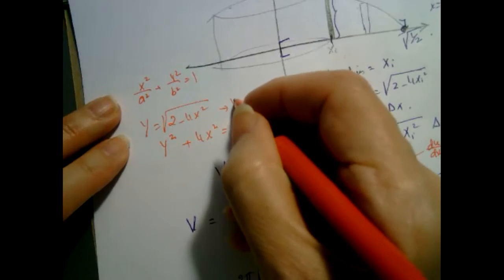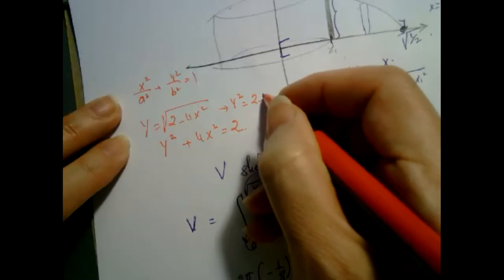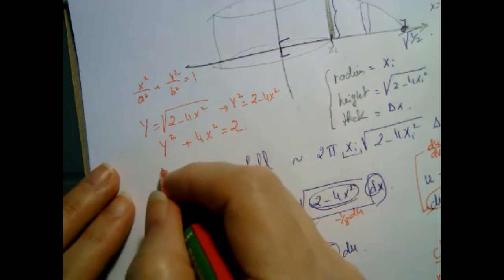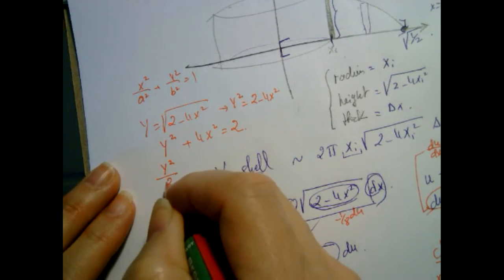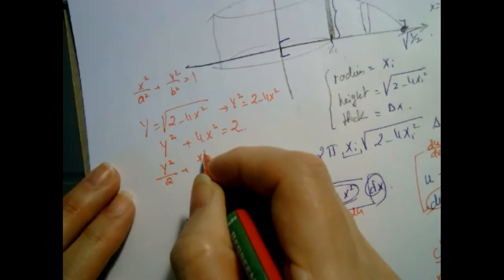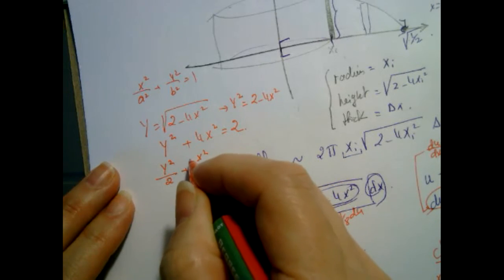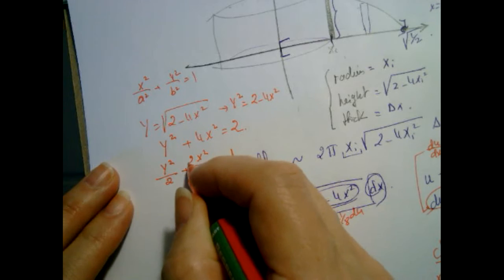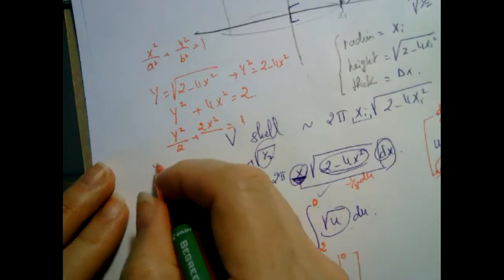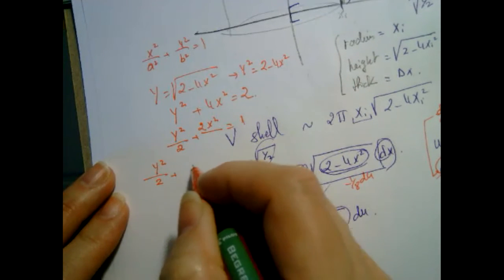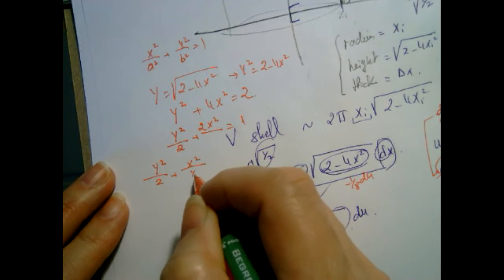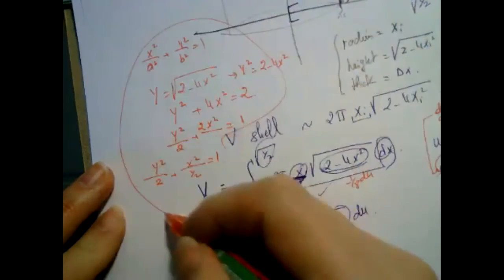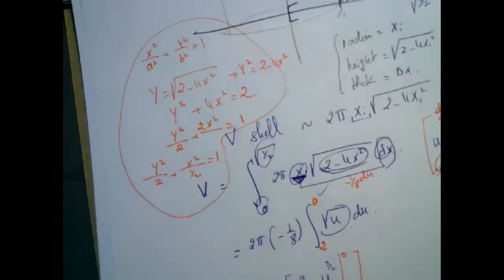Because this will give me this. So y squared, this is really an equation of an ellipse, because when I divide across by 2, I would get something like that. This divided by 2 would give me equal to 1, but this one gives me 2x squared. And if we do a little bit more math, and this is something we will review at the end of the course, we get equal to 1. And that's a typical ellipse. So that's how I know.